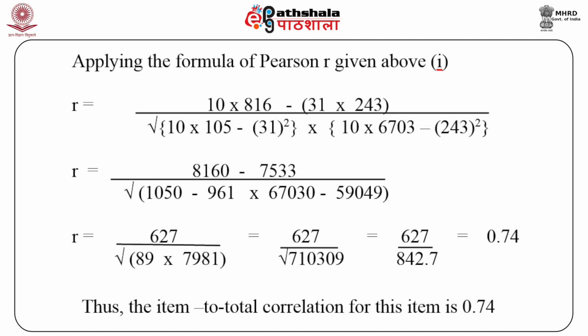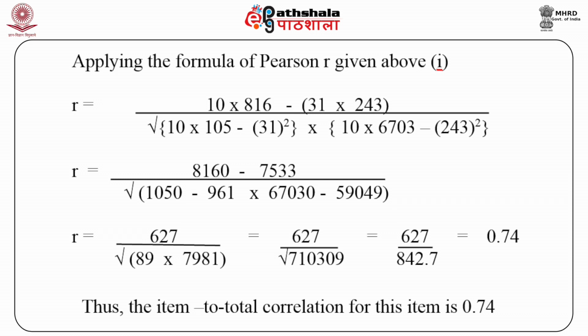Therefore, R equals 8160 minus 7533, the whole divided by the square root of 1050 minus 961 multiplied by 67030 minus 59049.